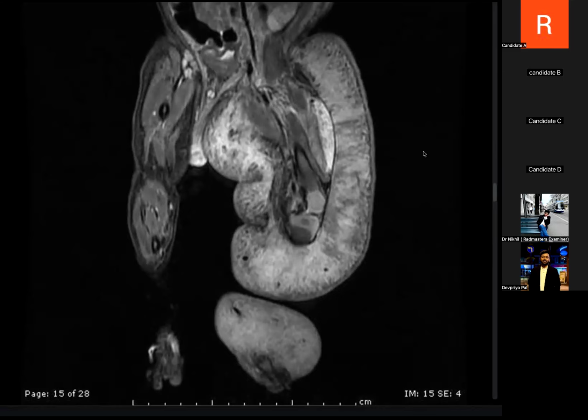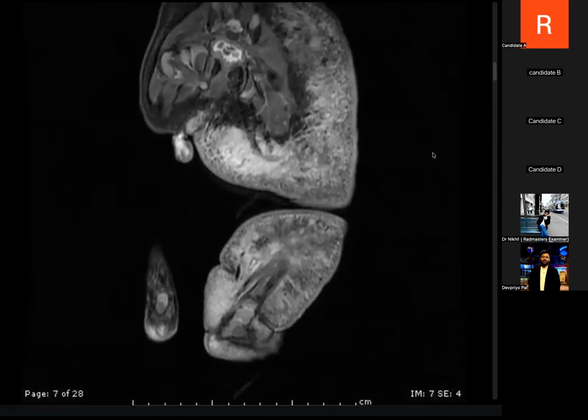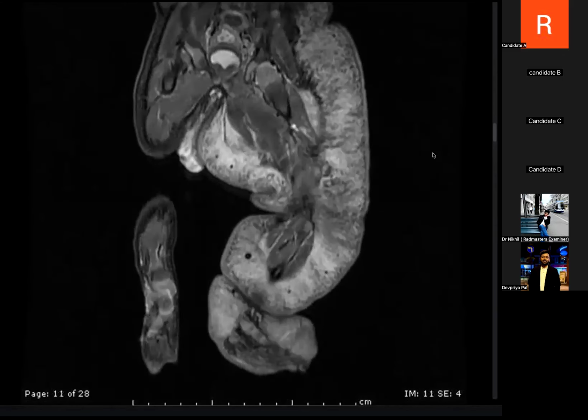You said vascular lesion as a possibility, I agree. And what are the possibilities apart from vascular lesions? Lymphatic malformation is less likely because I can't see any fluid levels or cystic areas. Another possibility could be hypertrophy.